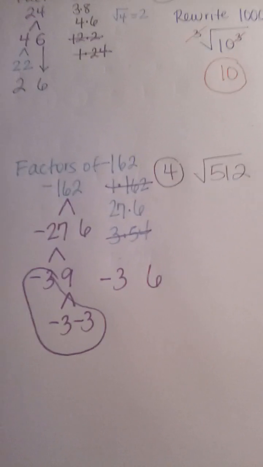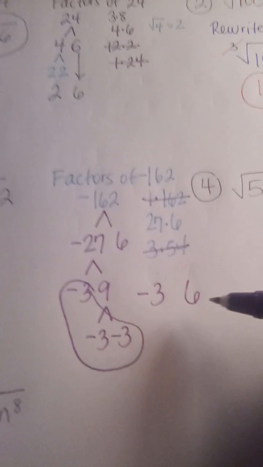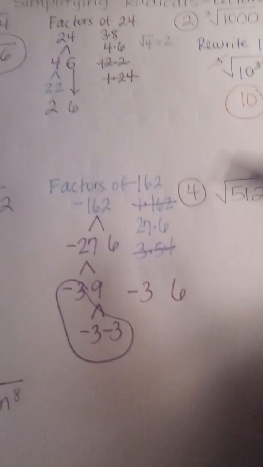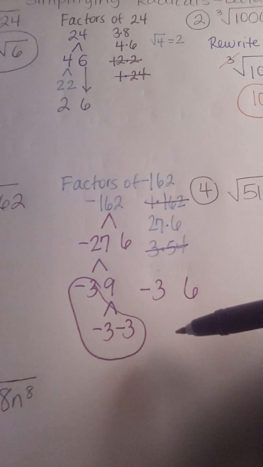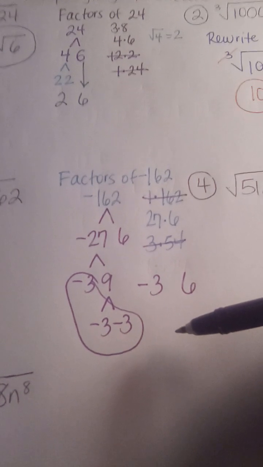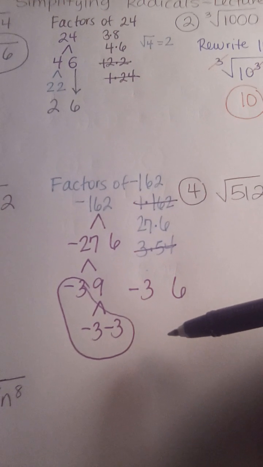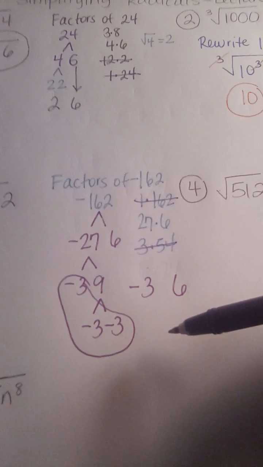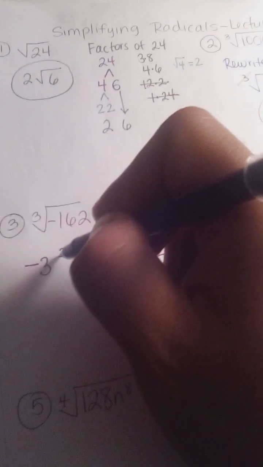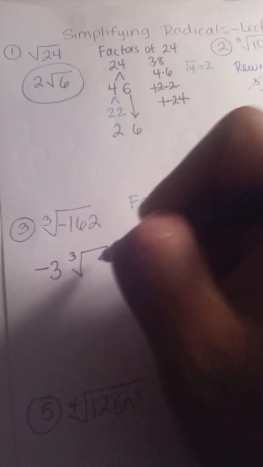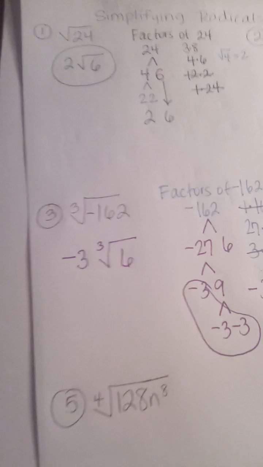All right. We could pull it out. So we got 3, negative 3, and 6. What goes outside the radicand? The negative 3 or the positive 6? The negative 3, right? So we have the negative 3 as our outside the radicand. And we'll put the rest of the problem here. And the 6 inside.